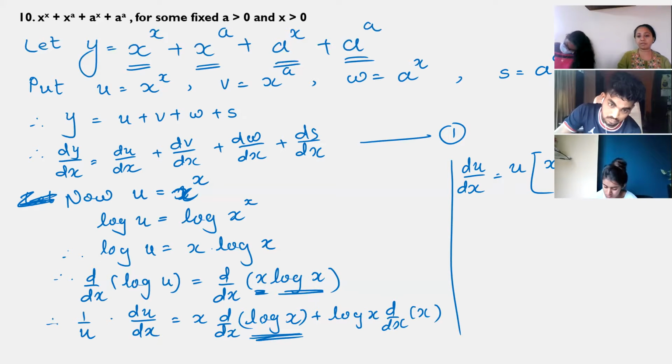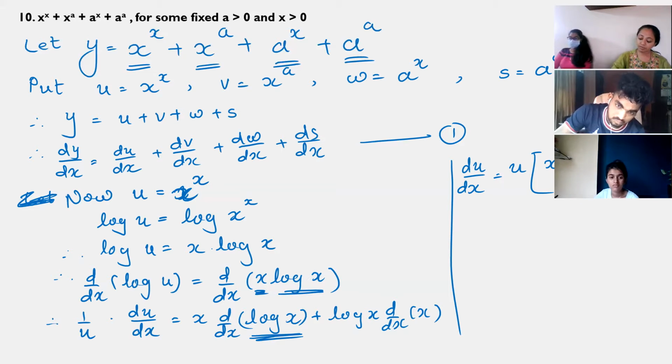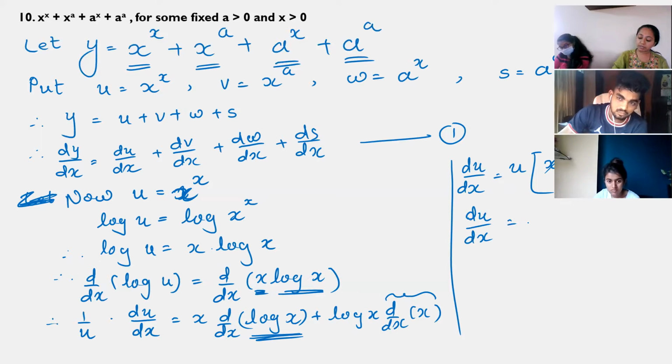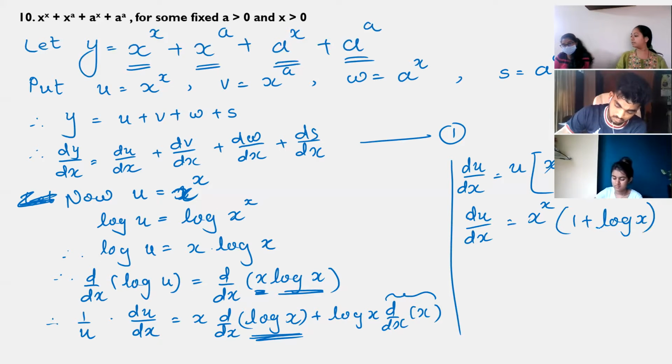Then log x ka differentiation is 1 by x, plus log x as it is and dx by dx is 1. Multiplying with 1, it will remain log x only in the last part. That means these 2 got cancelled and du by dx is u. What is u? X to the power x, and it will be 1 plus log x. Equation 1, you substitute.